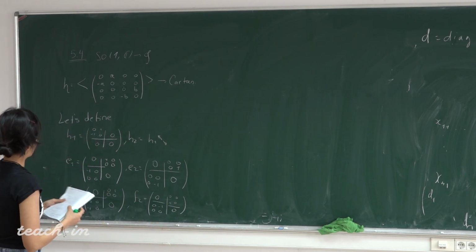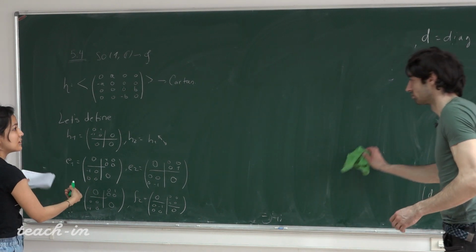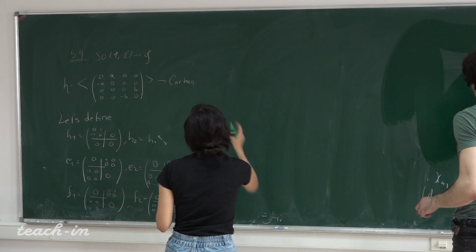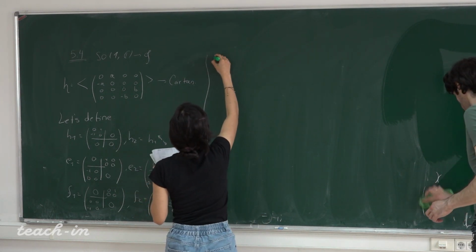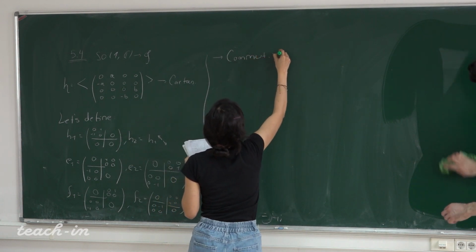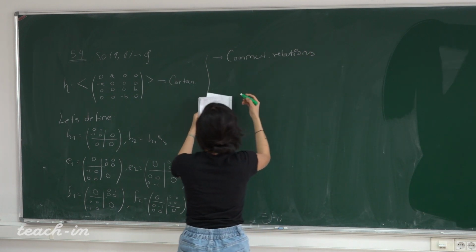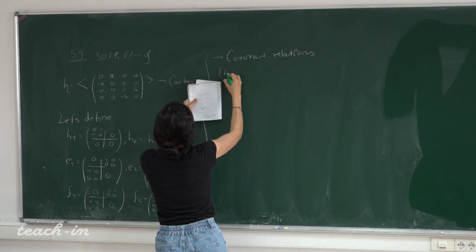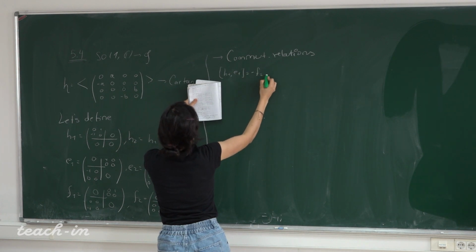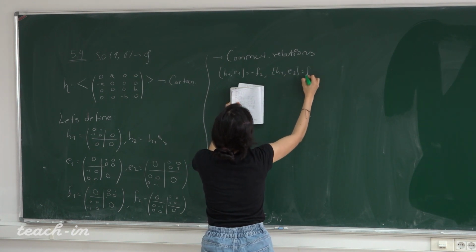What I did in my solution was to perform the commutation relations here. We will have the following relation. When we compute H1, E1, we will get minus F2. So this basis is not an eigenbasis yet, right?